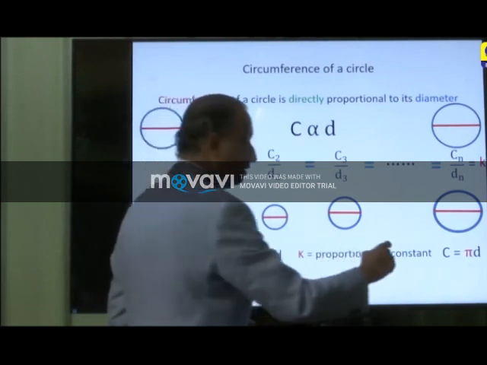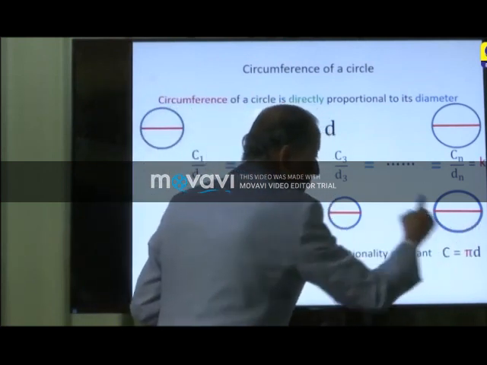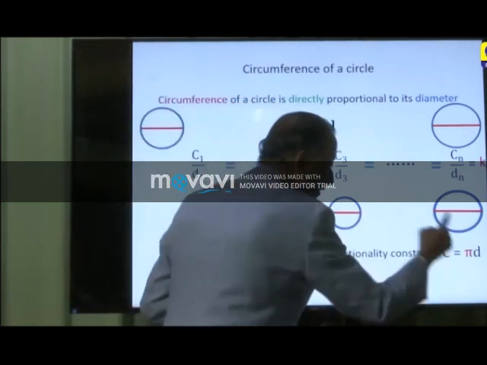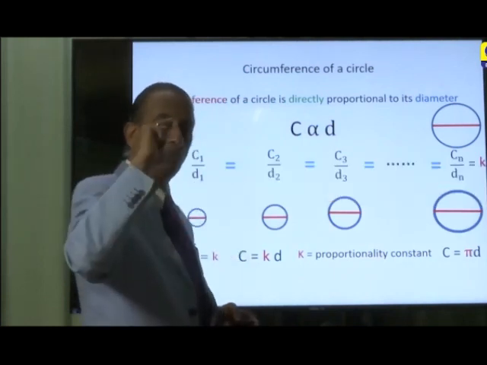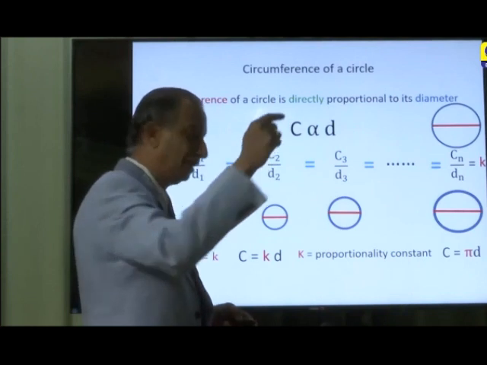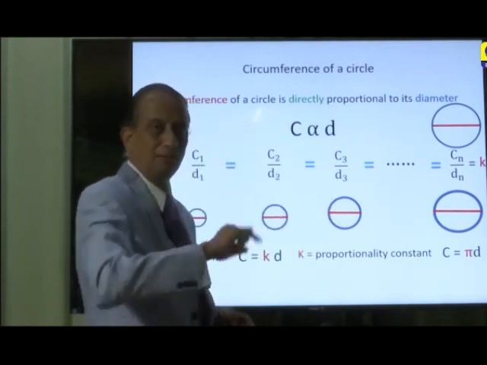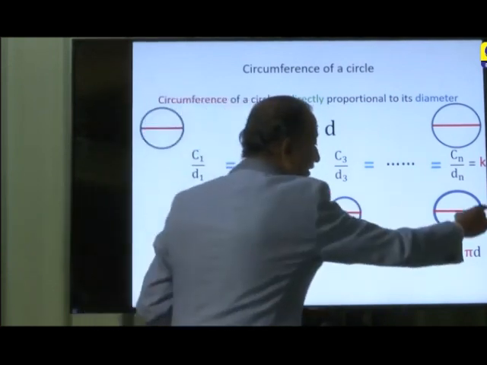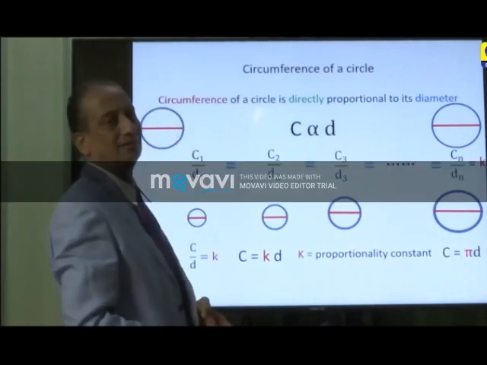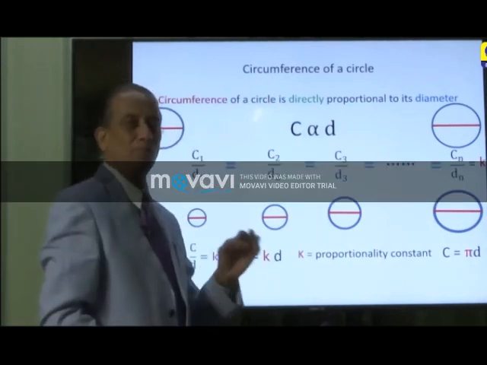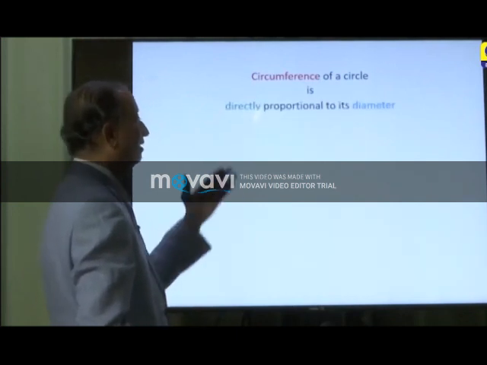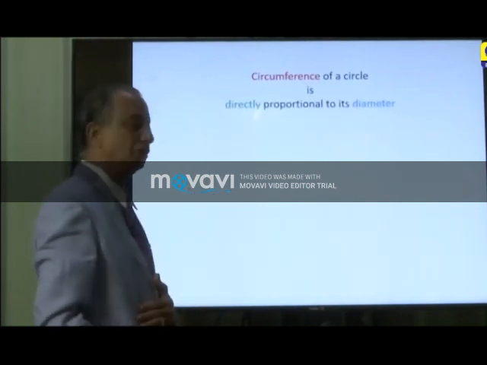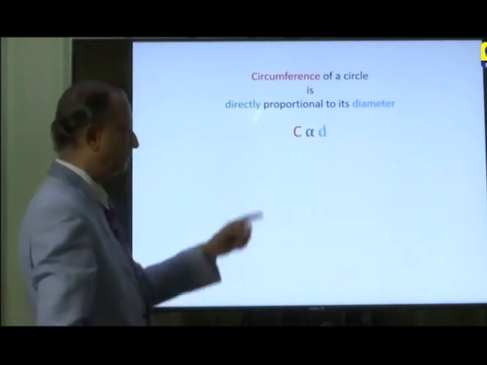It means that if you want the circumference of a circle, you measure the diameter and multiply by a particular value called the constant of proportion. In this case it is equal to pi. Multiply those two, you will get the circumference of the circle. So, C is equal to pi times D. So, circumference of a circle is directly proportional to its diameter.